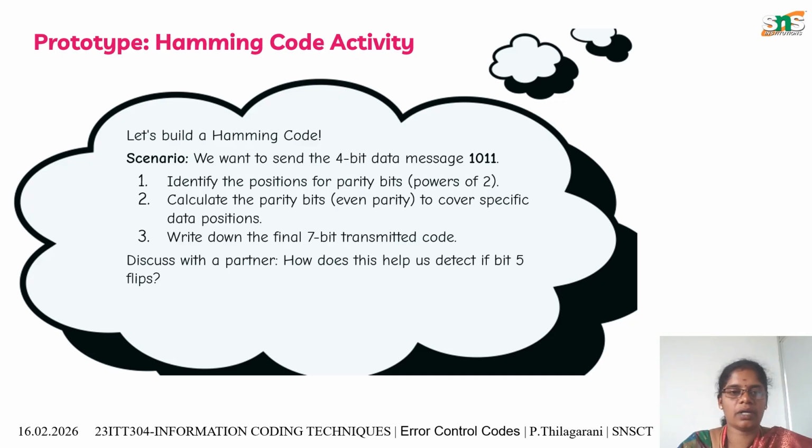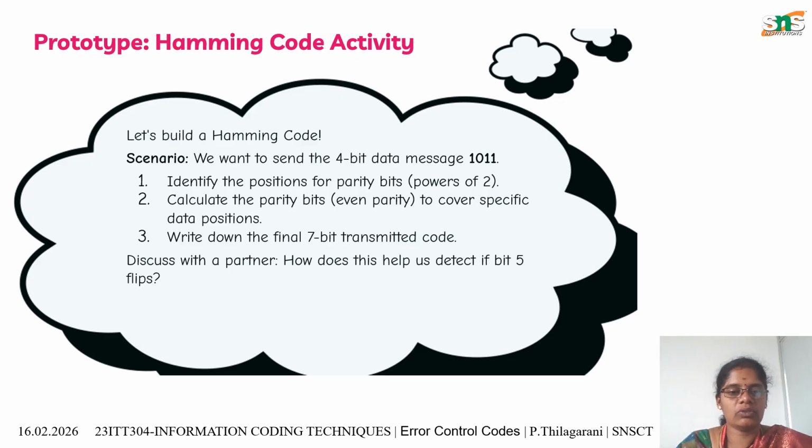In the prototype phase, the Hamming code activity is to build the Hamming code. The scenario is we want to send 4-bit data, that is 1011. These are the 4 bits. First, identify the positions for parity bits, powers of 2. Then calculate the parity bits using even parity to cover the specific data positions.